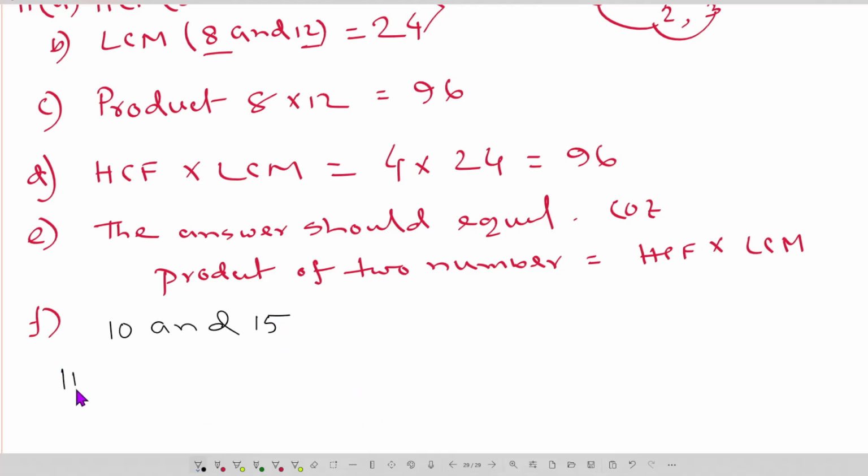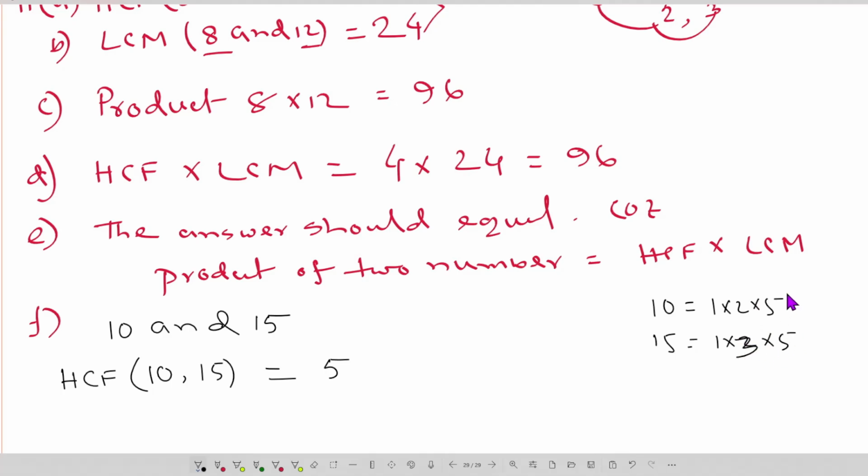First we have to find the HCF of 10 and 15. So what will be the result? The HCF should be 5, because 10 equals 1 times 2 times 5, and 15 equals 1 times 3 times 5. So the highest common factor is 5.